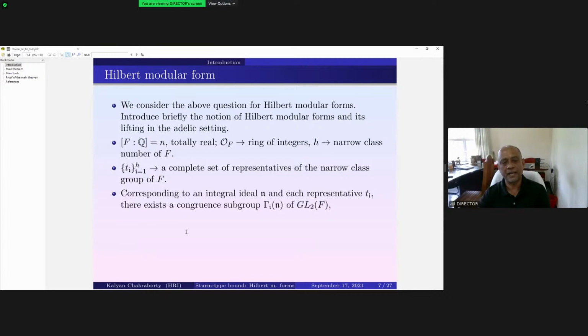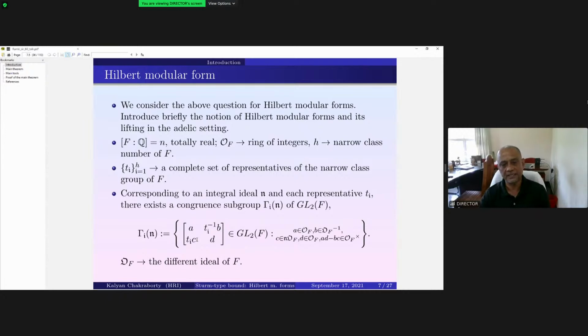So this is simply Gamma_i(N) is the set of matrices (a, b; c, d), where a and d come from the ring of integers, b is in t_i inverse times the inverse of the different ideal, which is an invariant associated with the field F, and c is in N times t_i times the different ideal, and ad minus bc is a unit. So each representative gives a congruence subgroup Gamma_i(N) of GL_2(F) described by this.